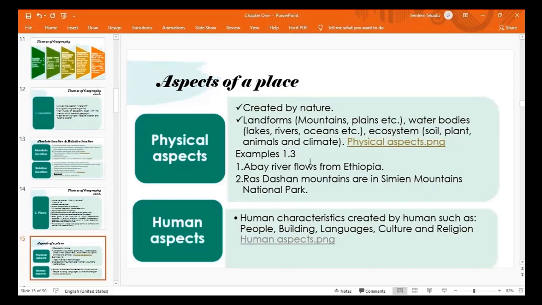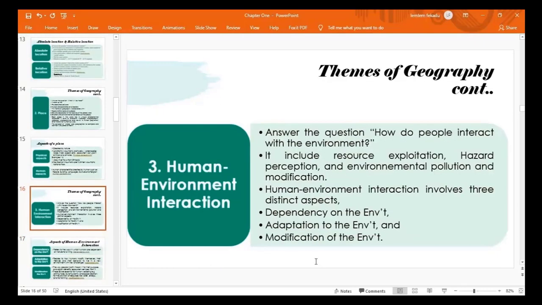The second aspect of a place is the human aspect. Human aspects are the artificial phenomena or features made or created by humans. These are the human characteristics of a place, for instance the people of a certain place, buildings, language, culture, and religions.